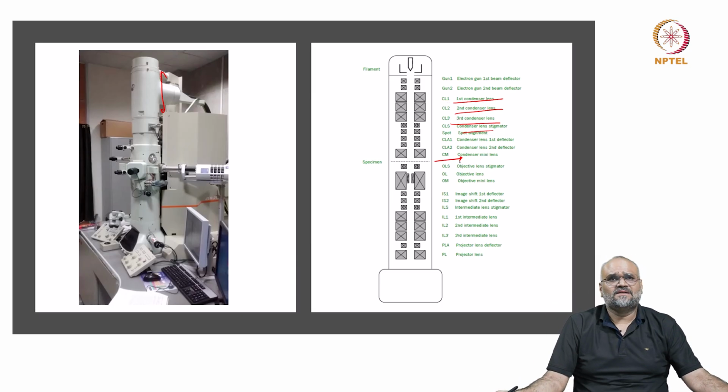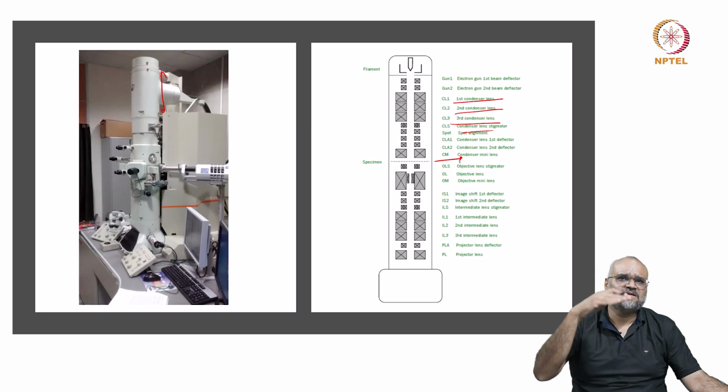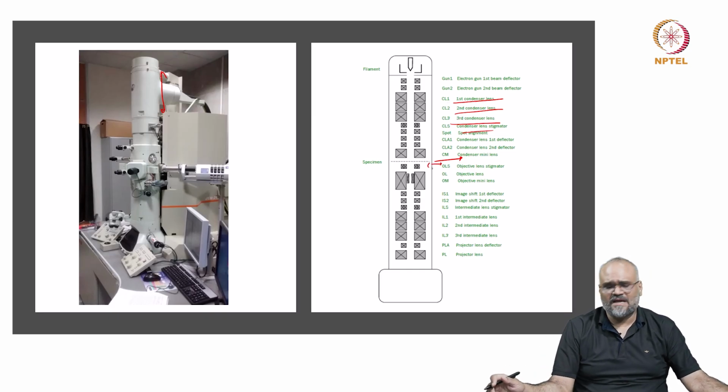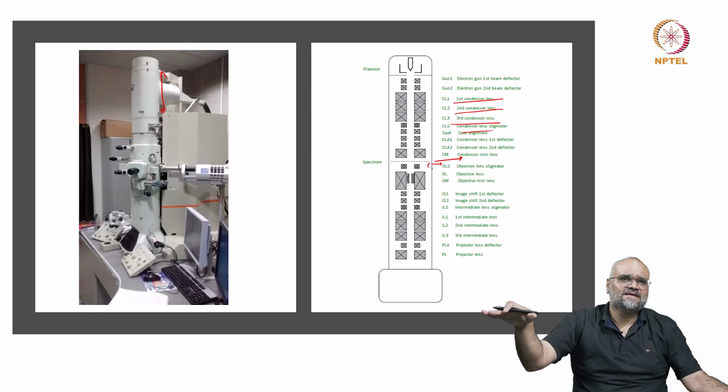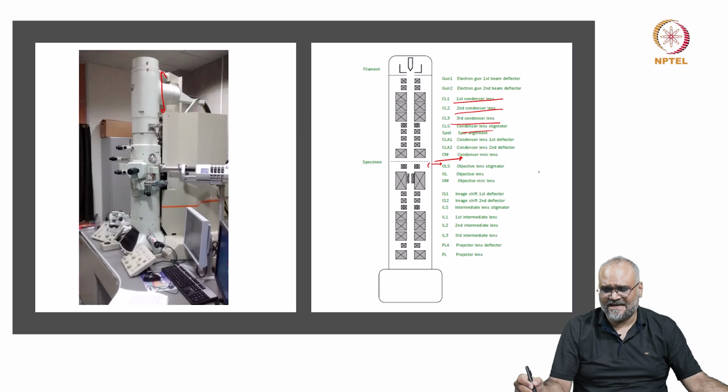As you know, the lenses here are electromagnetic lenses, and you have to bring the specimen to the right height, coinciding with the location where my magnetic field is more or less uniform in between the split pole piece. You call this bringing it to the eucentric height.